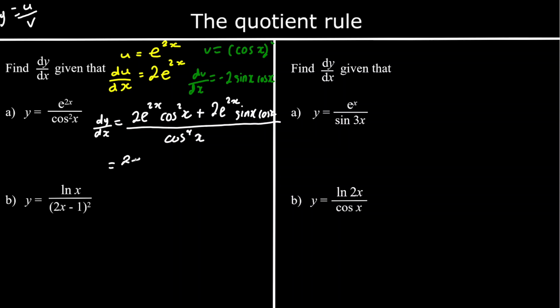So we're going to have 2e^2x cos x plus 2e^2x sine x over cos cubed x. Then we could factorize out the 2e^2x, but I'll leave it as it is.